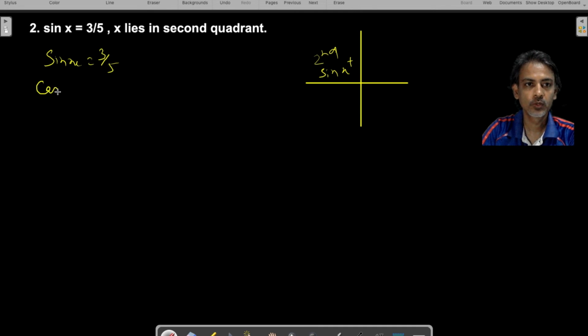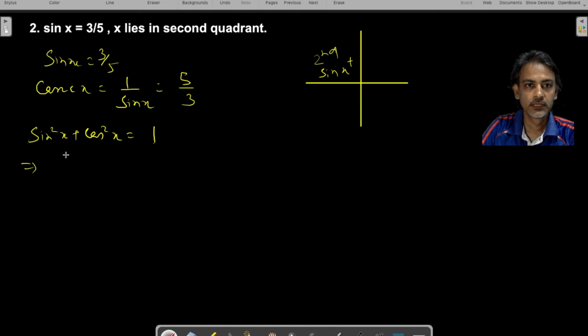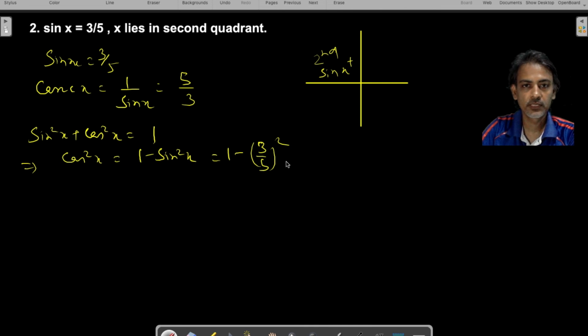This implies cosec x equals 1 upon sin x, which is nothing but 5 by 3, just the opposite of that. Since we know sin square x plus cos square x equals 1, this implies cos square x equals 1 minus sin square x, which is 1 minus 3 by 5 whole square, which is 1 minus 9 by 25, which is 25 minus 9 upon 25.